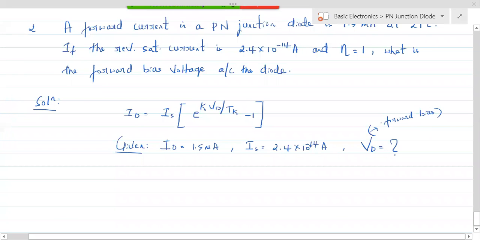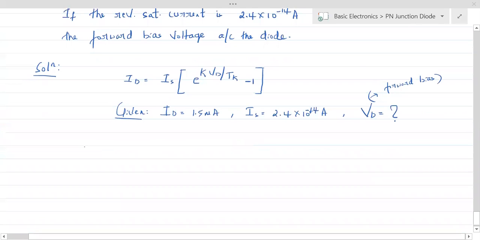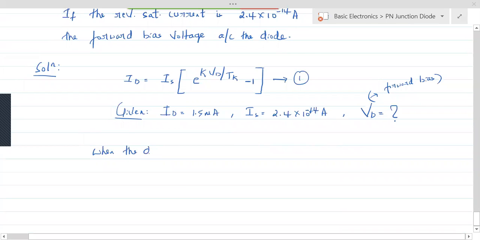Okay, now let's get on with this. Everybody just see. Now this is equal. Let's call this equation number 1. So let's say when the diode is forward biased, VD is positive.